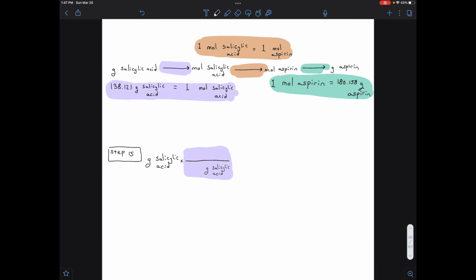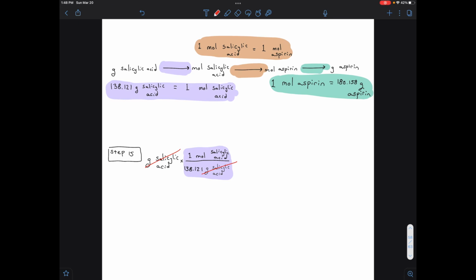So next to grams of salicylic acid, we'll put 138.121. Going over the fraction bar is like going across the equal sign. So on top of this fraction, we'll have 1 mole of salicylic acid. Notice how grams of salicylic acid cancel here, and we're left with moles of salicylic acid.